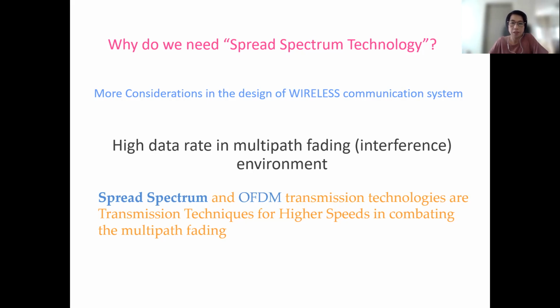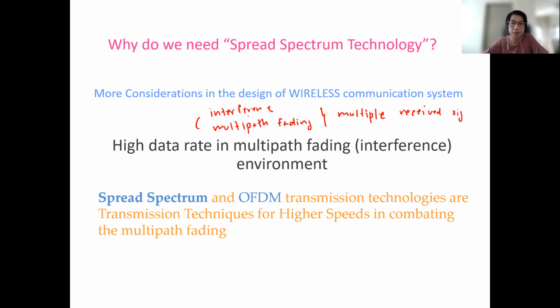And moreover, there is multi-path signal received at the receiver. There are two cases of impairment of the multiple received signals arriving at the receiver. One we call interference, and another one we call multi-path fading.